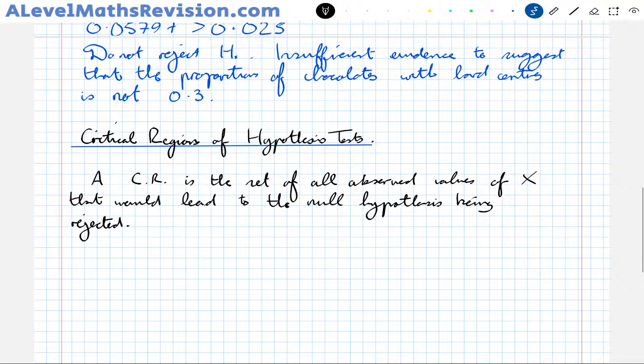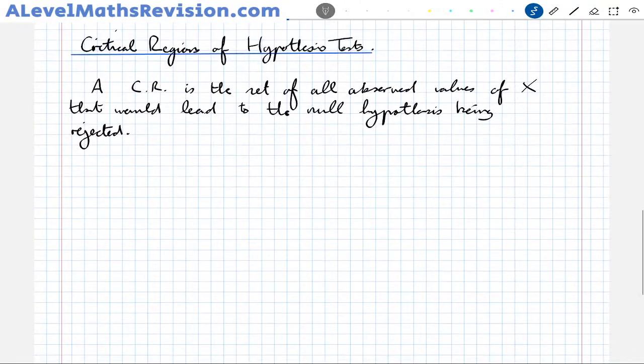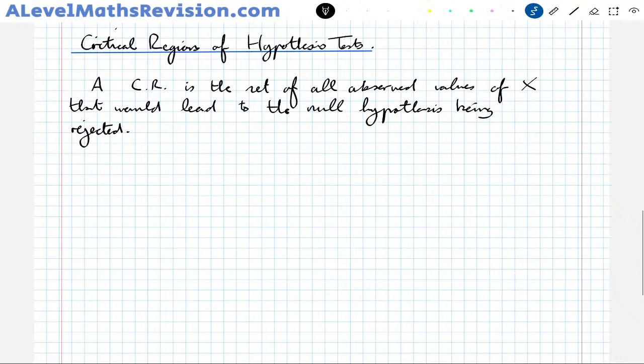The set of all observations that would lead to the null hypothesis being rejected. So let's have a look. I'll bring an example up.